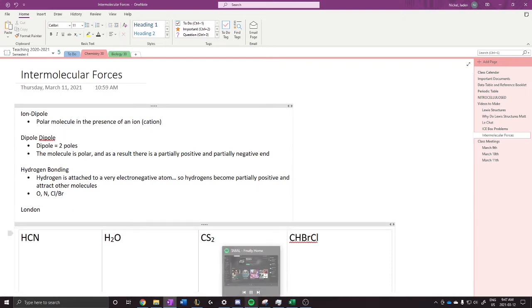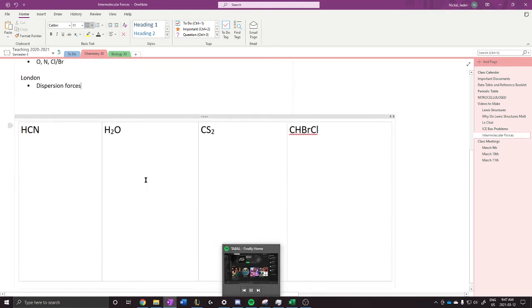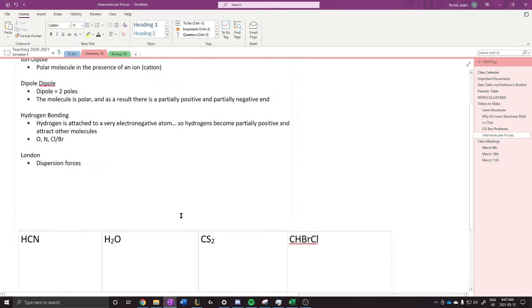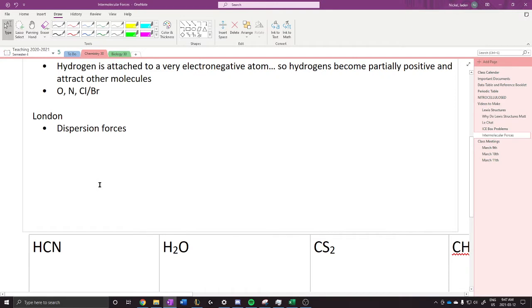London forces. These are called London forces or dispersion forces. The way that London forces work is if we have some sort of molecule, what'll happen is at any random instant, all of the electrons will sort of pile over to one side of the molecule.